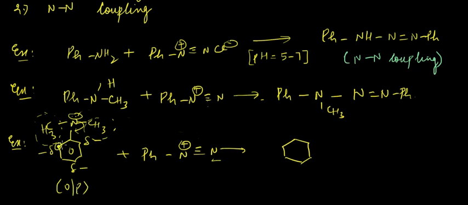For these two ortho positions, again we have the steric hindrance. So what will happen is, this carbon atom at the para position, which is having a partial negative charge, will actually go and attack on this nitrogen atom. As a result, we will get something like this product.